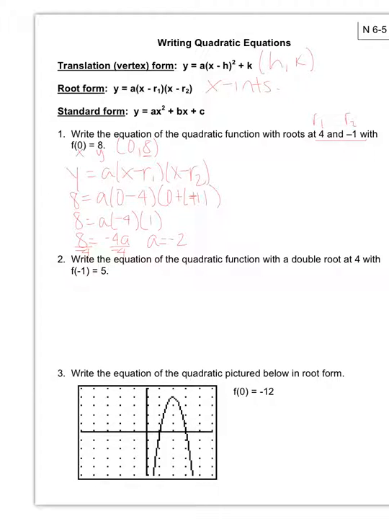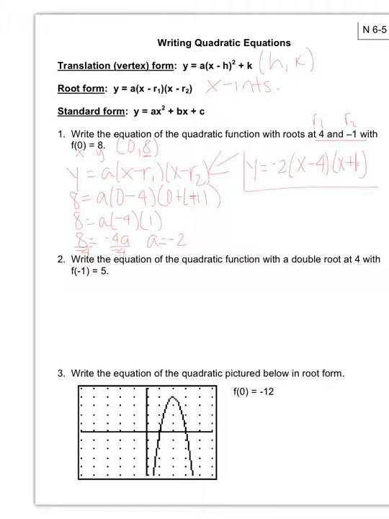Okay, so once you found a, you're going to plug it back into your form without plugging in for x and y. So we're going to have y equals a, which is -2, and then you have x minus your r1, which is 4, and then x minus your r2, which is -1. So that would be +1.